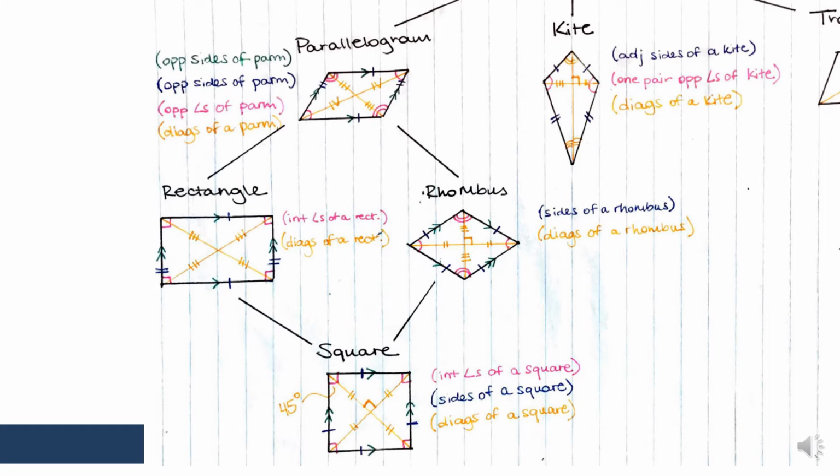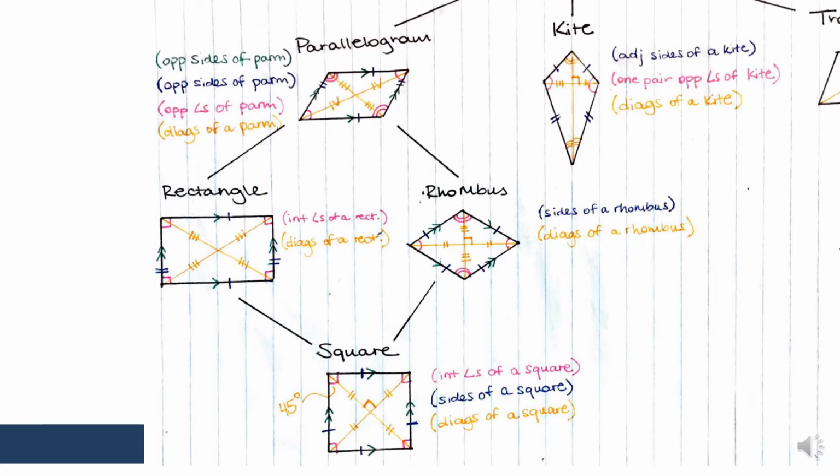So focusing in, we know that our parallelogram family is the most important. We've spent tons of time on the parallelogram because of this family, the parallelogram is the grandfather. It is the most important one because it gives all of its properties to the one below it.